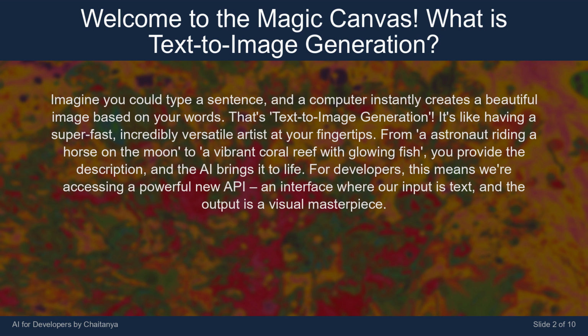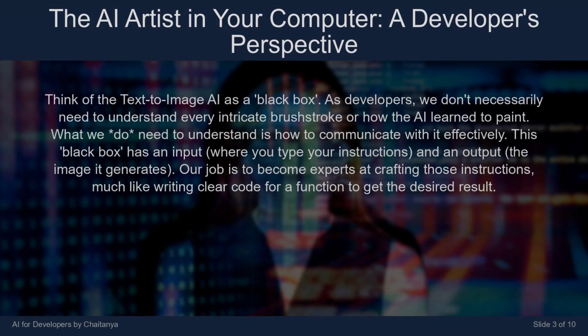For developers, this means we're accessing a powerful new API, an interface where our input is text, and the output is a visual masterpiece. Think of the text-to-image AI as a black box. As developers, we don't necessarily need to understand every intricate brushstroke or how the AI learned to paint.